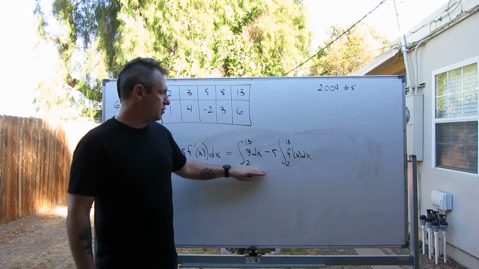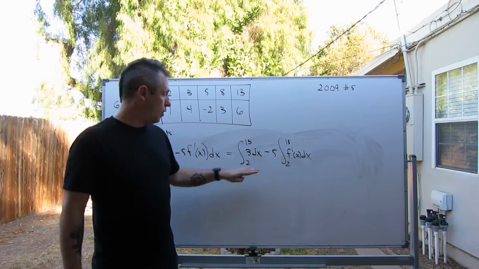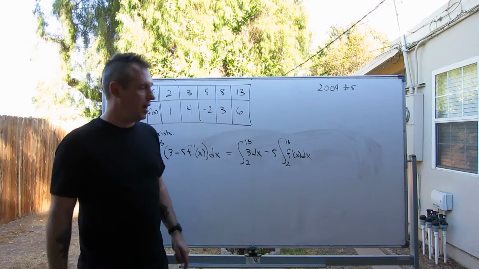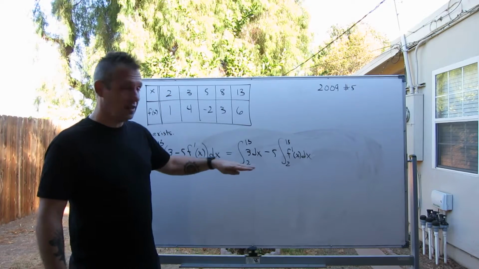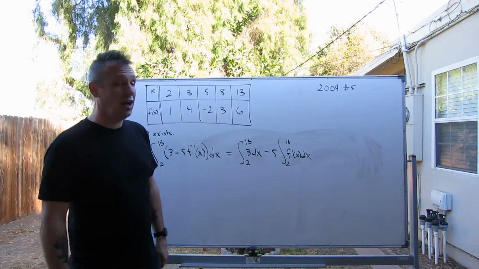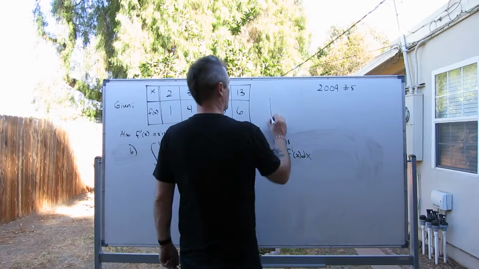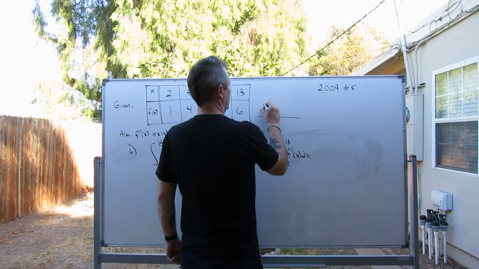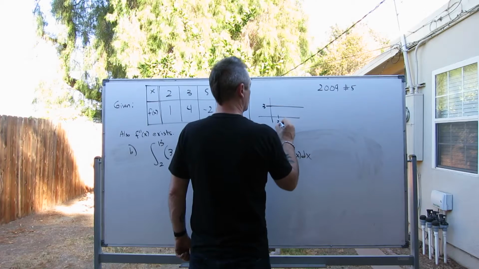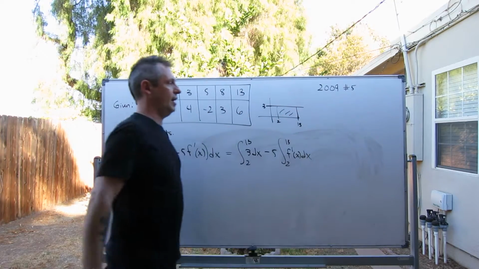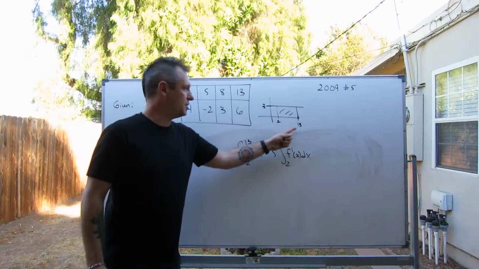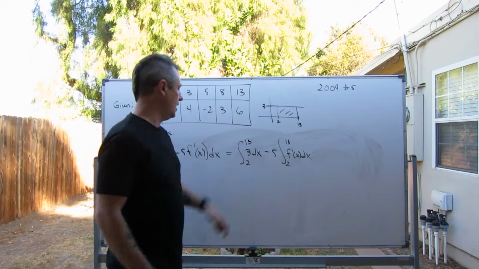Now as far as this one is concerned, you could, if you want, actually do this integral. I don't even bother. I realize that this is just a constant function, y equals 3. I'm finding the area under the constant function from 2 to 13. So if this is up at 3, and we're going from 2 up to 13, that area is 13 minus 2, which is 11, times 3.